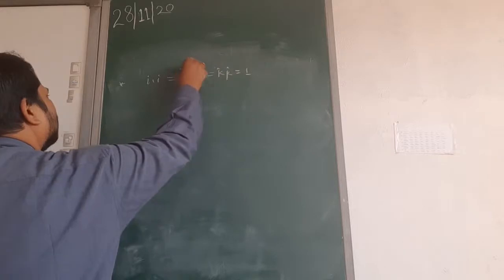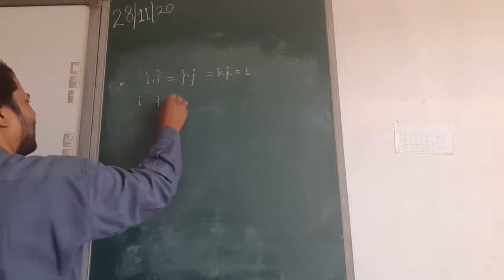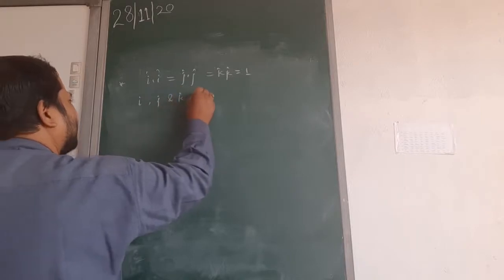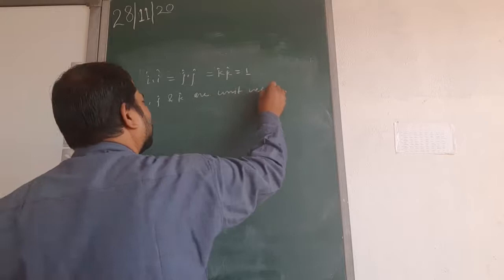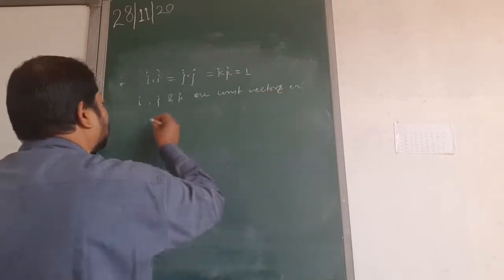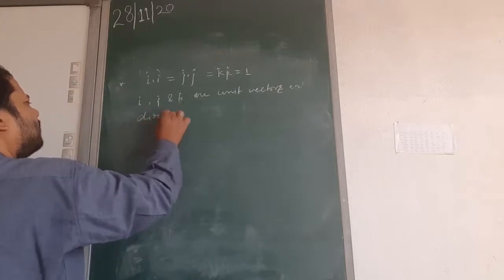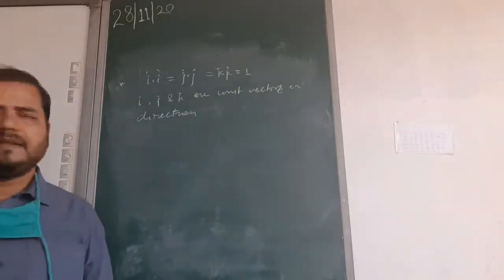You know where I, J and K are unit vectors in the direction of x-axis, y-axis and z-axis respectively.